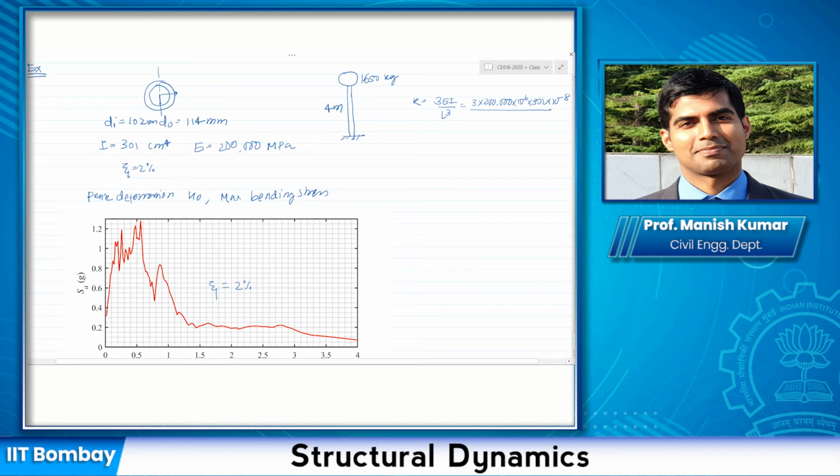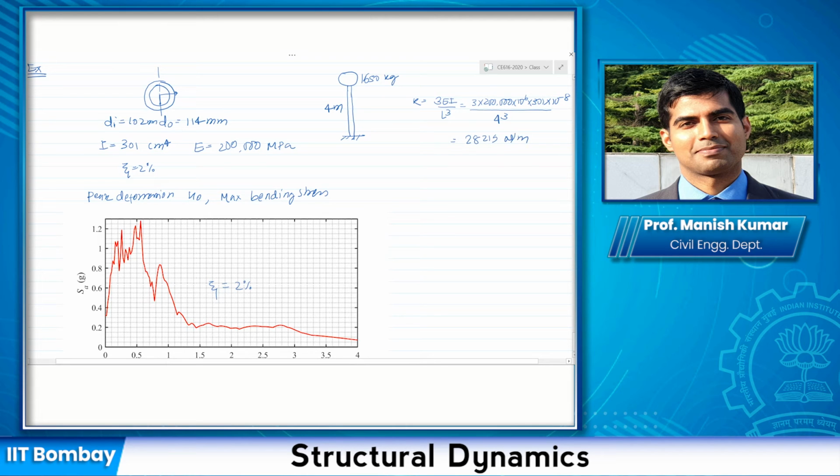And L cube is 4 cubed. So this you can calculate, and you can get this one as somewhere around, 56437.5 kilonewton? No, not this much. It's coming out to be around 28219 Newton per meter.